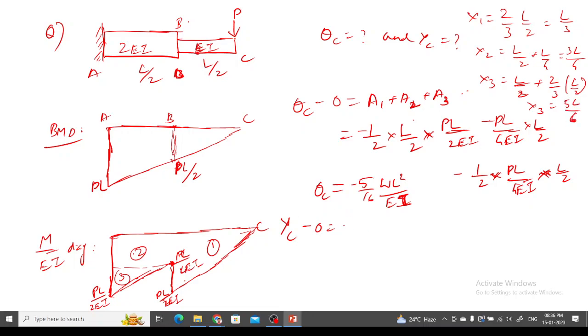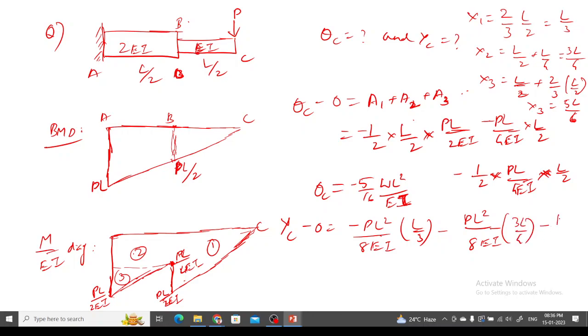And when I write A1 X1 bar, A1 is actually minus PL square divided by 8EI into L, X1 bar is L by 3. Then X2 bar: minus PL square again by 8EI, and here X2 is 3L by 4.